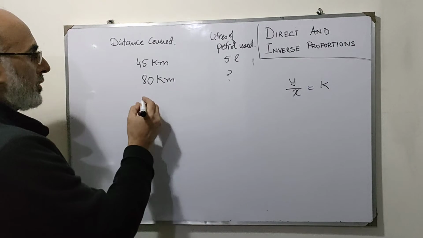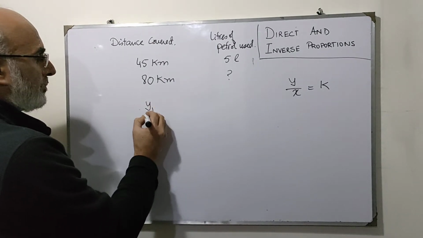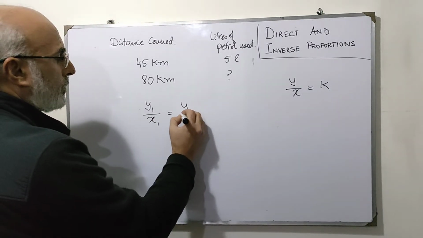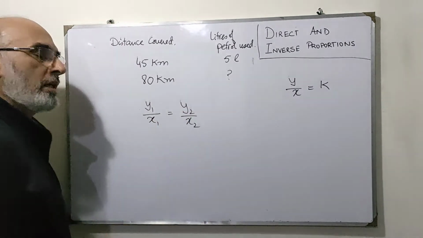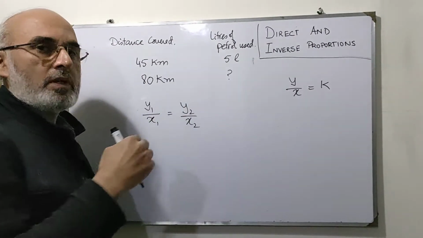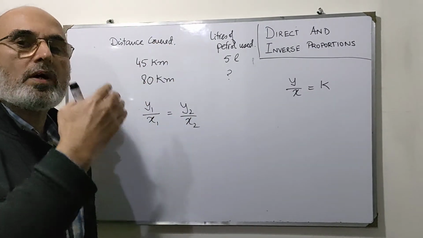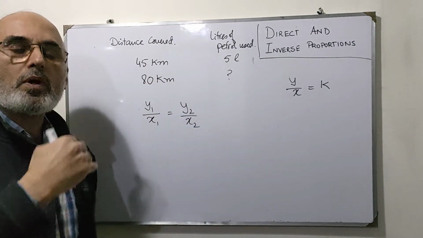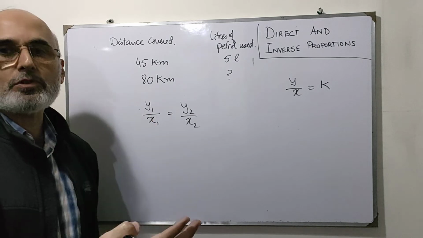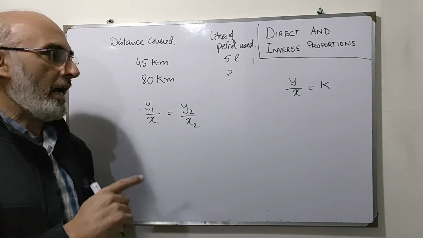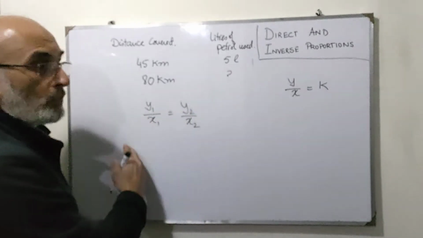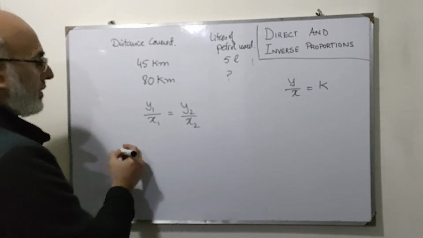For that, y1 over x1 is equal to y2 over x2. It is because this is the ratio. If the two quantities are increasing or decreasing, they have the same ratio, right? And if they have the same ratio, we can equate the ratios.